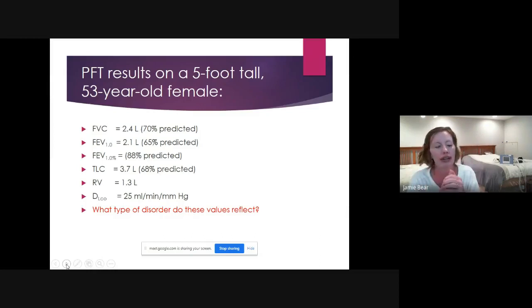If everything was really significantly reduced, and you looked at the peak flow and it was really low also, but as I said, you'd have to have something to tell you there was a chance for poor effort. Does that make sense? Yes. Okay, once again, don't overthink these questions. This is what you're presented with, and this is what you have.